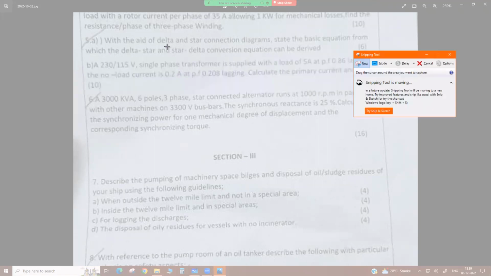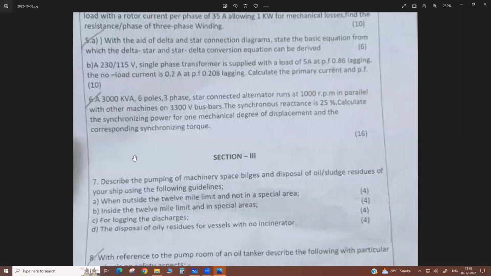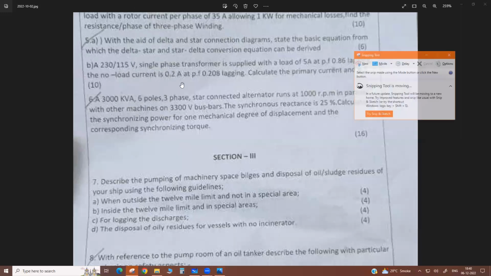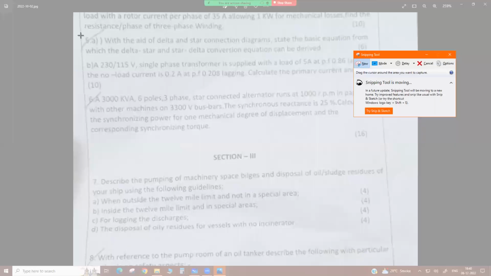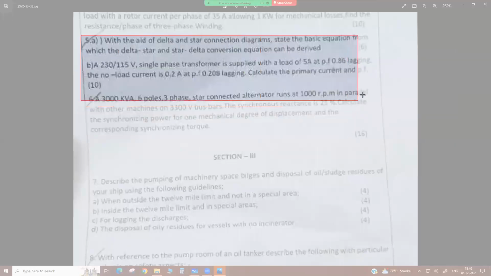Question along with this, add with delta star basic equation. Okay, this complete question if we take. Fifth question.